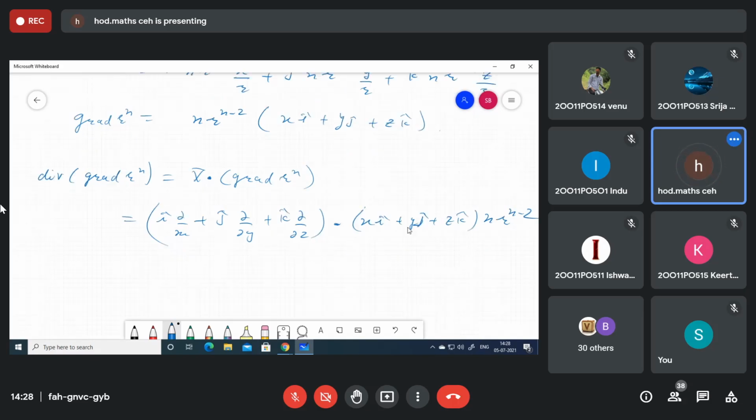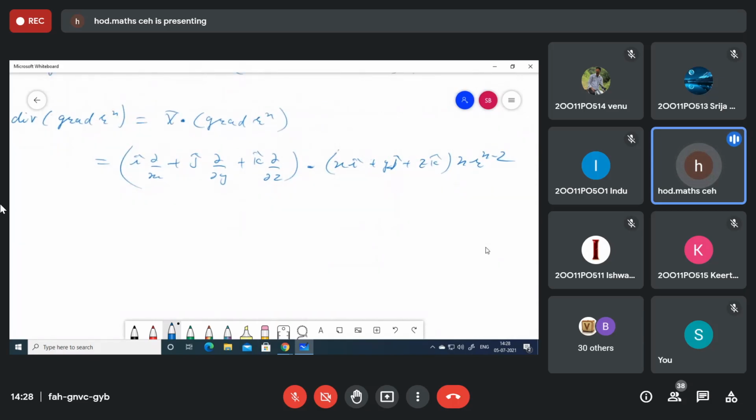Okay. So now when you take the dot product, you will get only i dot i, j dot j, k dot k. So with i dot i, I need to differentiate this function x into n into r to the power n minus 2. Or I will write rather n into x into r to the power n minus 2.